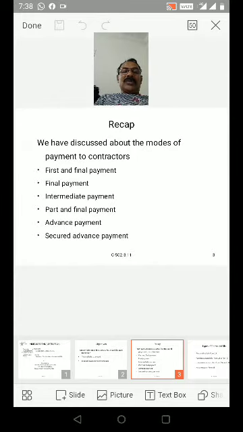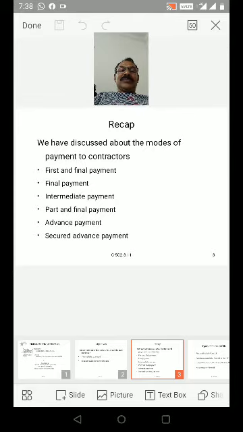Final payment is nothing but the last in a series of payments.